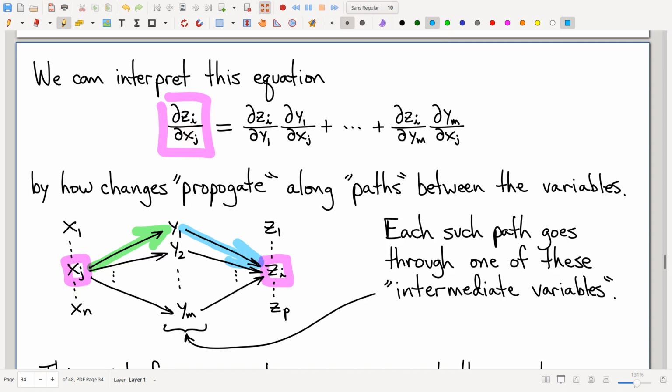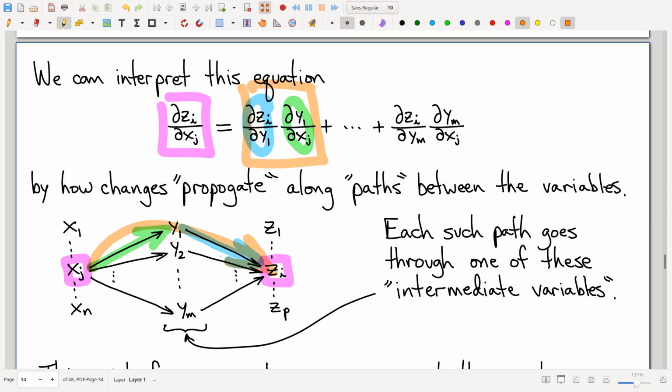And I can tell you exactly how much of a difference that's going to make, because whatever the y1 change is, that's going to get magnified to become zi's change, but again, by a partial derivative. And now check out this first term up here. The first factor there, this second factor here. What we have all together is the total amount that xj's changes will propagate through y1 to contribute to zi's changes.